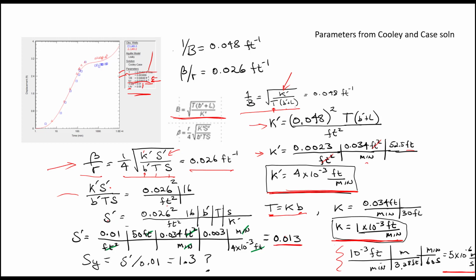Okay, so this is the storativity, and this is a pretty high value for storativity if it's an elastic storage, and it's low for specific yield. So yeah, that's kind of an intermediate value.